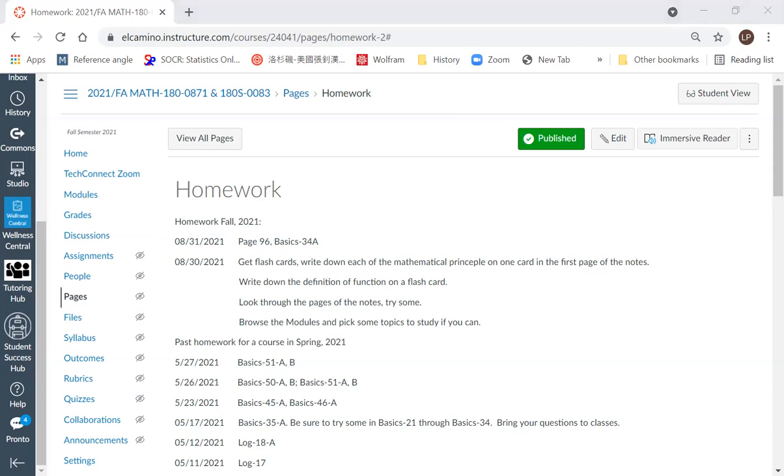Yeah. Okay, let me check. It could be my typo. 34A, result in one product or, well, quotient. I'm so sorry.